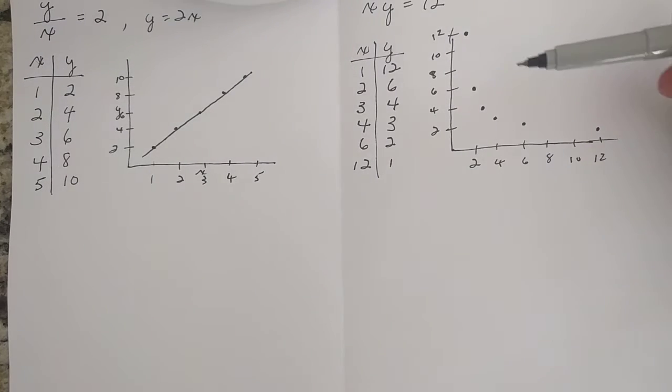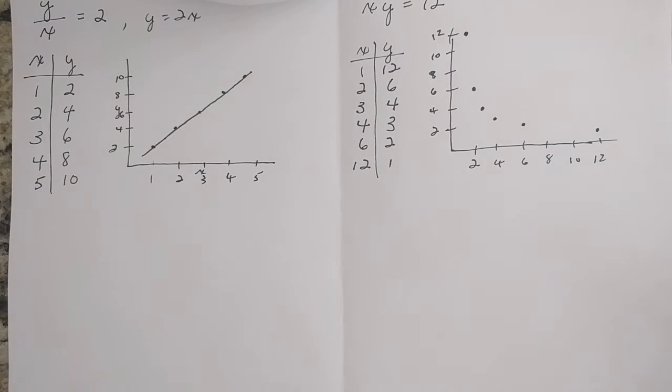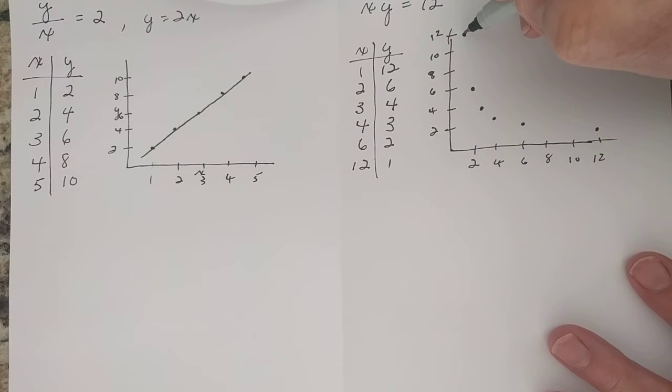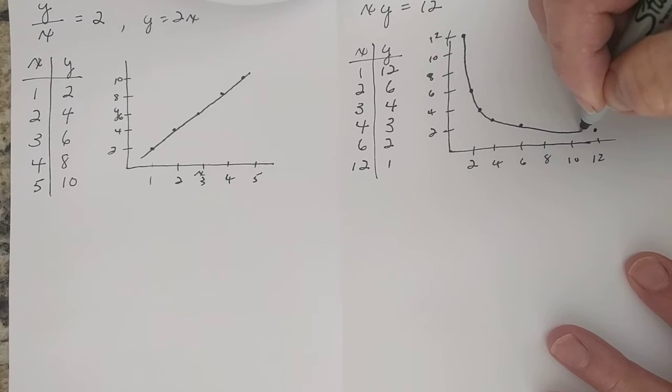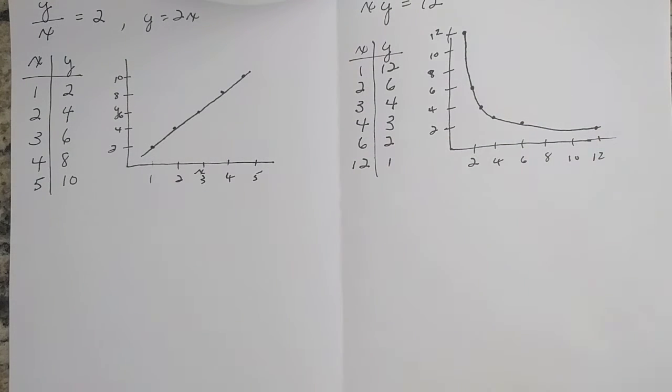So we can see we do not have a straight line. So we're going to do what is called a best fit curve. We don't want to connect the dots because we can see that the data makes our graph a curve. So let's do our best to get a best fit curve through our points.